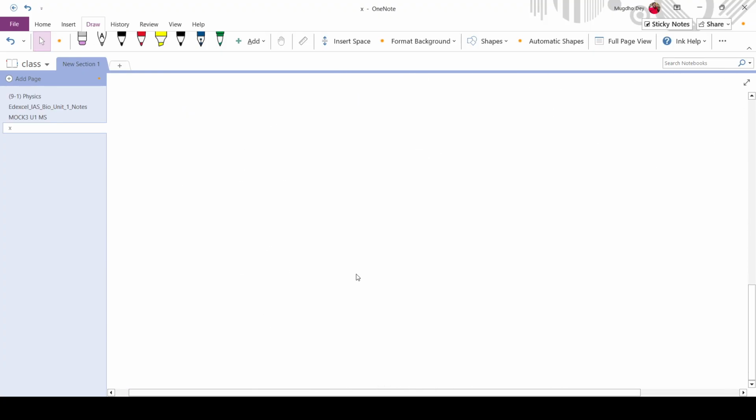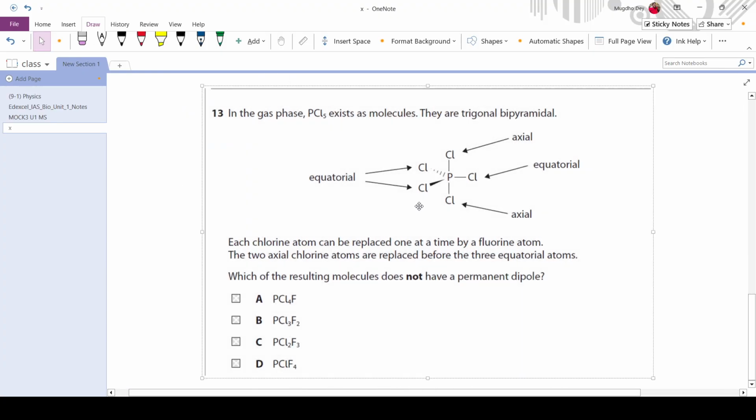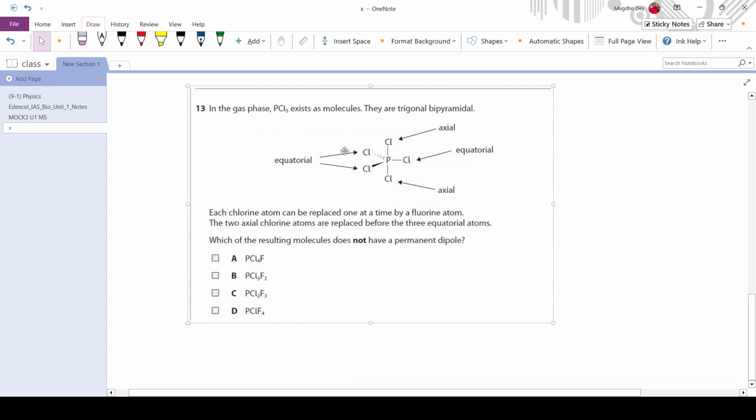So question number 13, I can clearly see it is related to the concept a little while ago that I explained, isn't it? Like this one. Now, can you solve this? I think you had an issue with understanding the meaning behind axial and equatorial, right? Yeah. Okay. 1 minute.